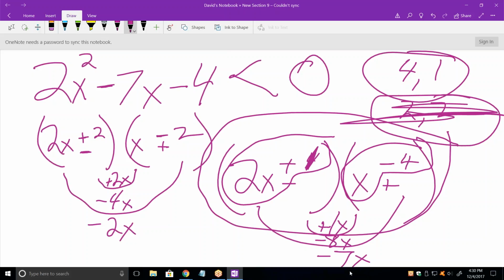Now, had we gotten a plus 7x, then I would have known the answer is just to move the 1 down to the negative sign and the 4 down to the positive sign. That would produce the same number, opposite sign. So sometimes you have to do all 4 possibilities to see how you get the answer, but a lot of times you can get away with only doing 2 of them.